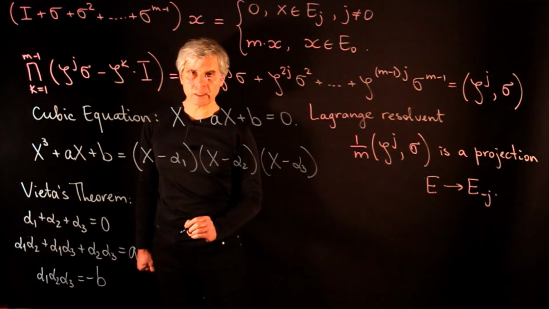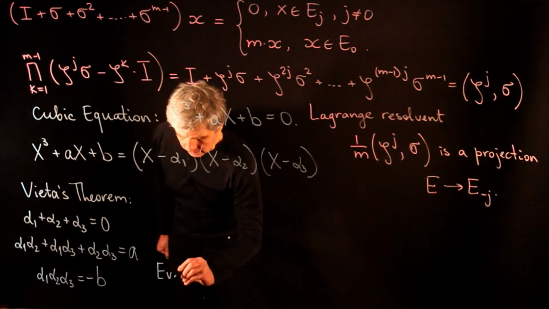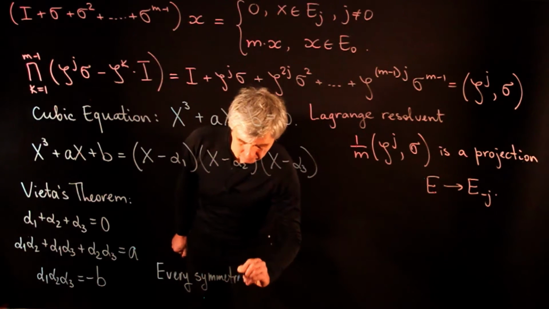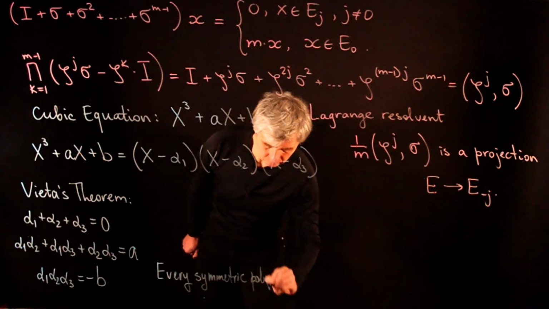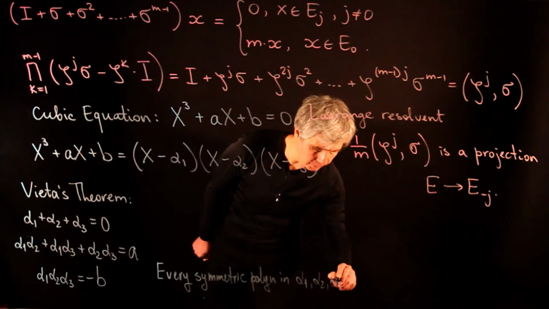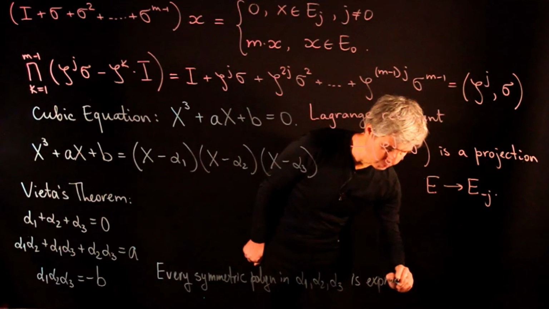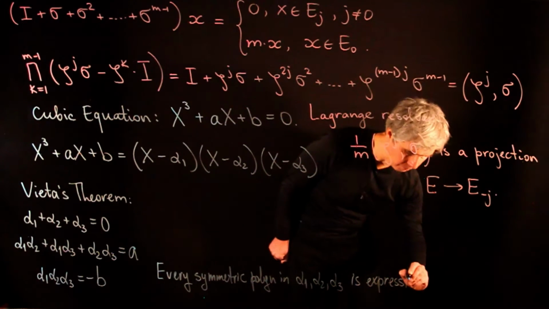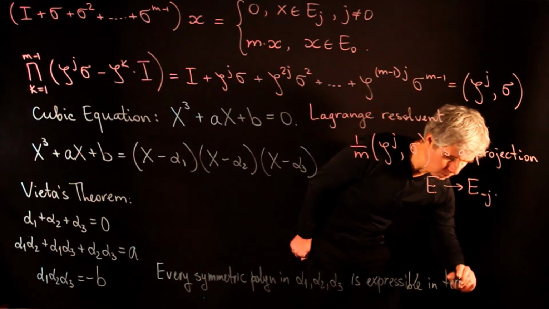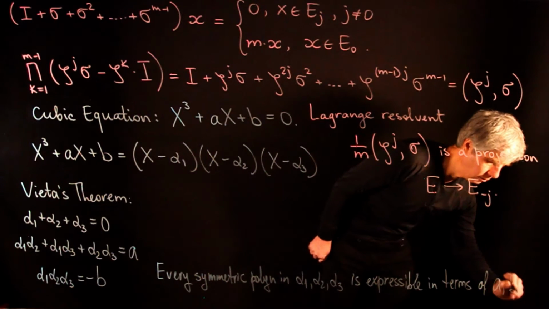And the general result about symmetric polynomials tells us that any symmetric polynomial in alpha 1, alpha 2, and alpha 3 is expressible in terms of elementary symmetric polynomials. And that is in terms of our coefficients a and b.